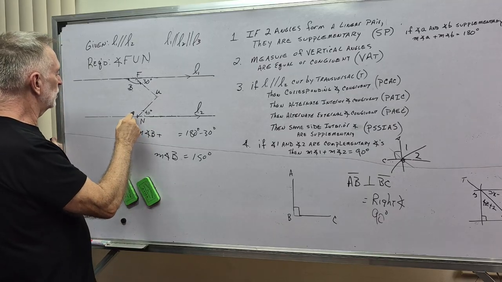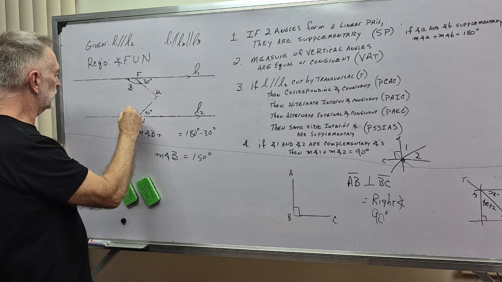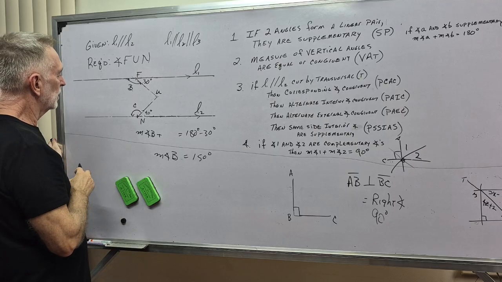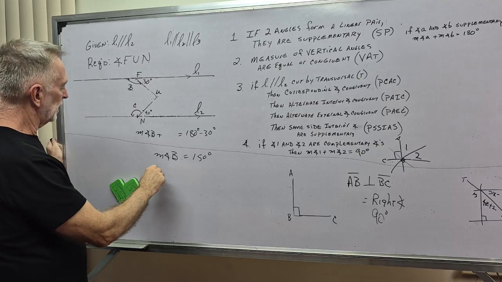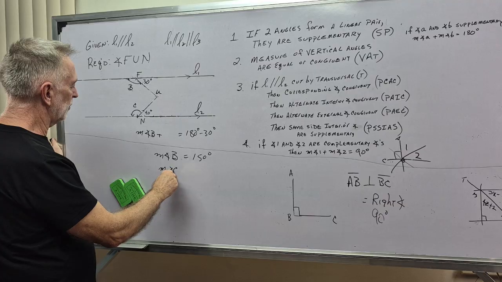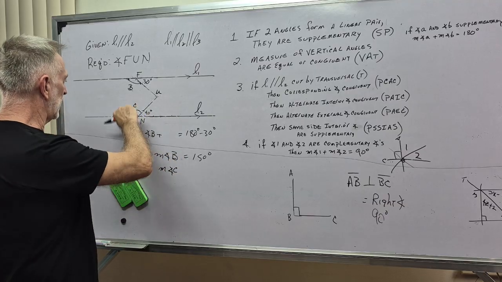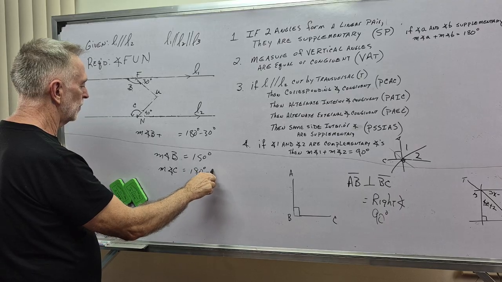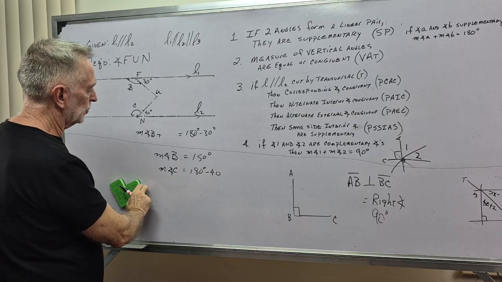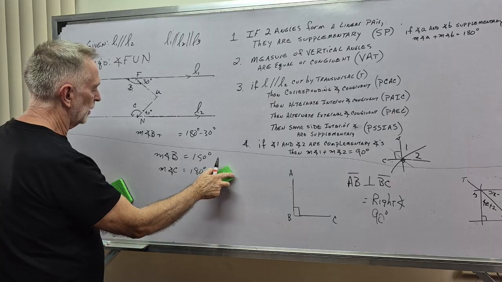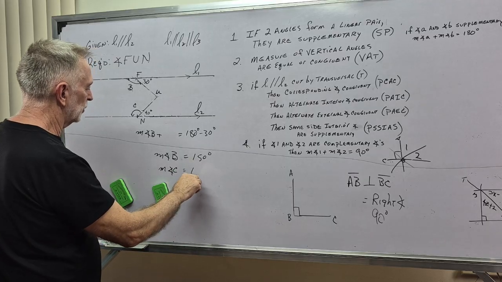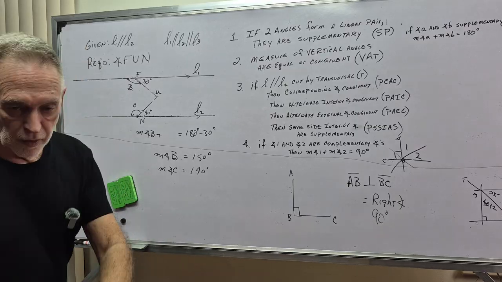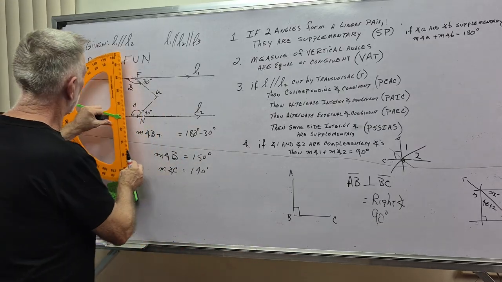We'll call this one angle C. So the measure of angle C would be something similar. It'd be 180 minus 40, which is 140 degrees.